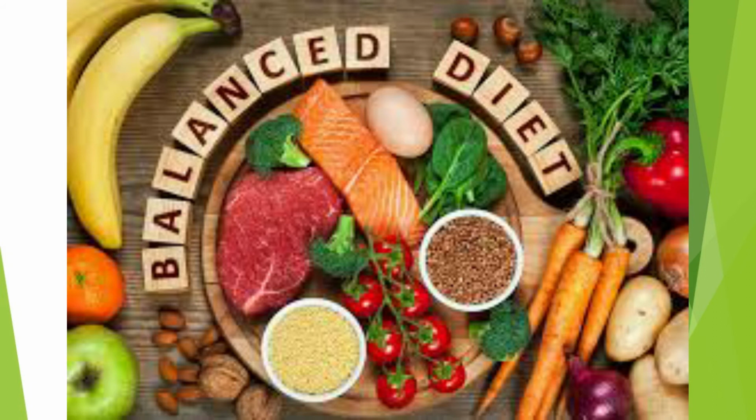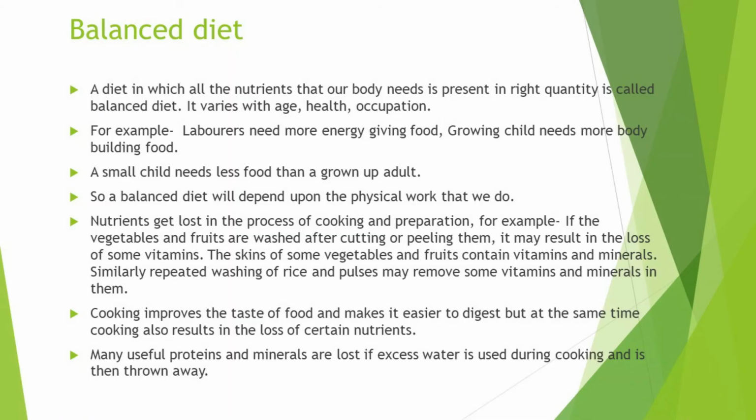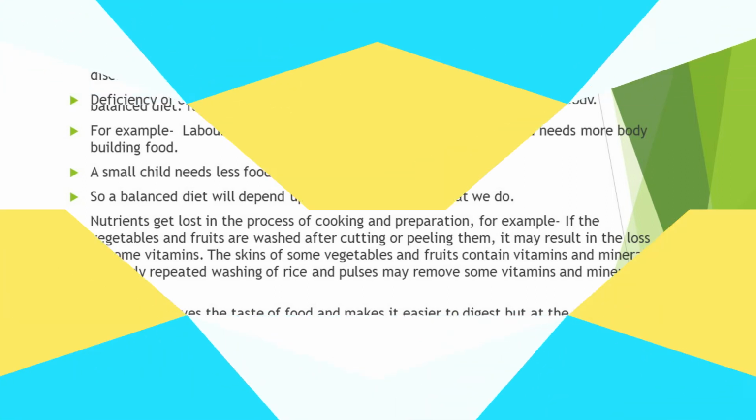Cooking improves the taste of food and makes it easier to digest, but at the same time, cooking also results in the loss of certain nutrients. Many useful proteins and minerals are lost if excess water is used during cooking and is thrown away.